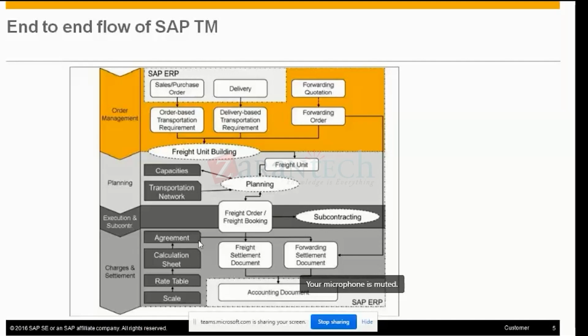So there is a cloud-based solution which SAP has launched called LBN. LBN is also called the Logistics Business Network. Through LBN also you can track and trace the shipment process. So the execution and subcontracting is again a very integrated process which starts with your freight order and freight booking.